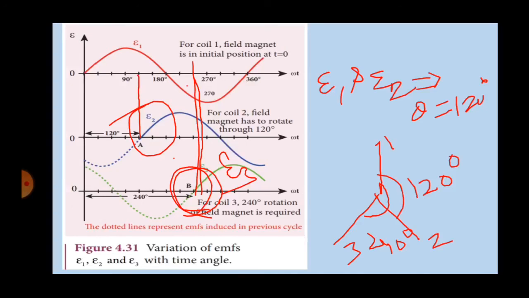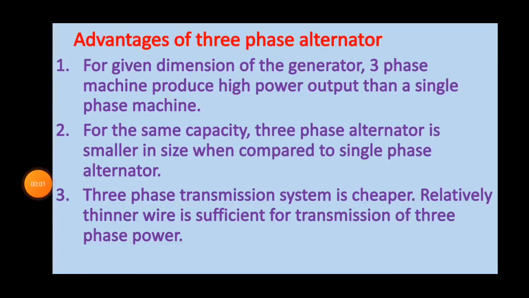A large amount of alternating EMF is produced, and this EMF or current is transmitted over long distances. Then let us discuss the advantages of the three-phase AC generator.